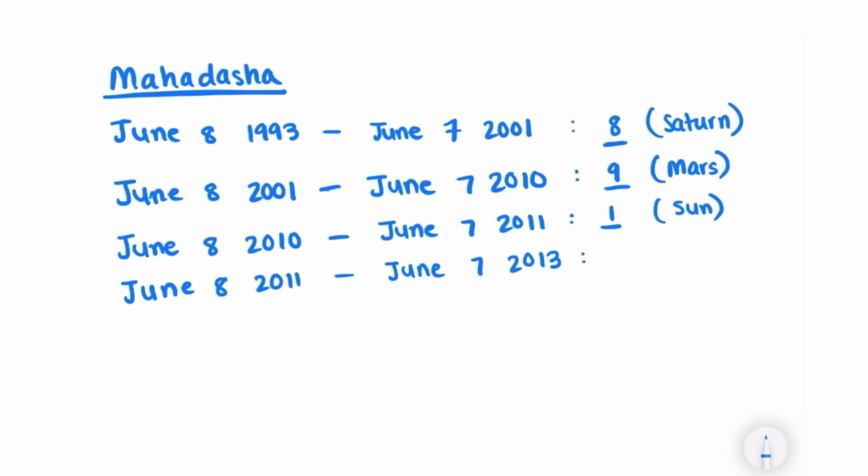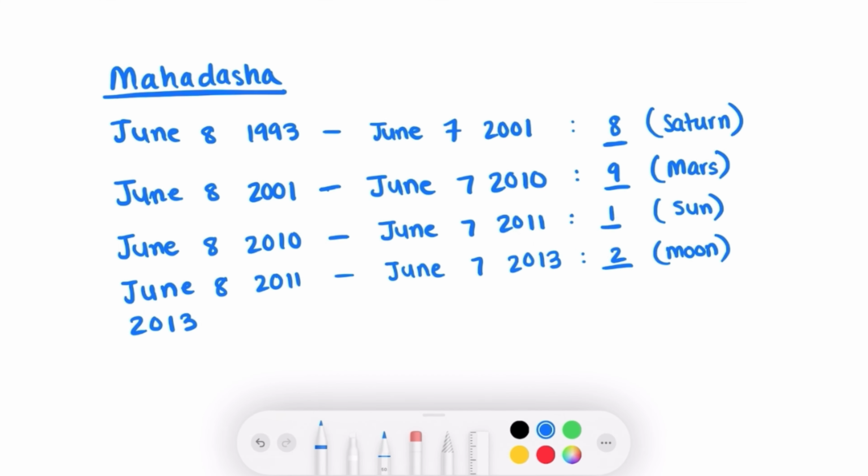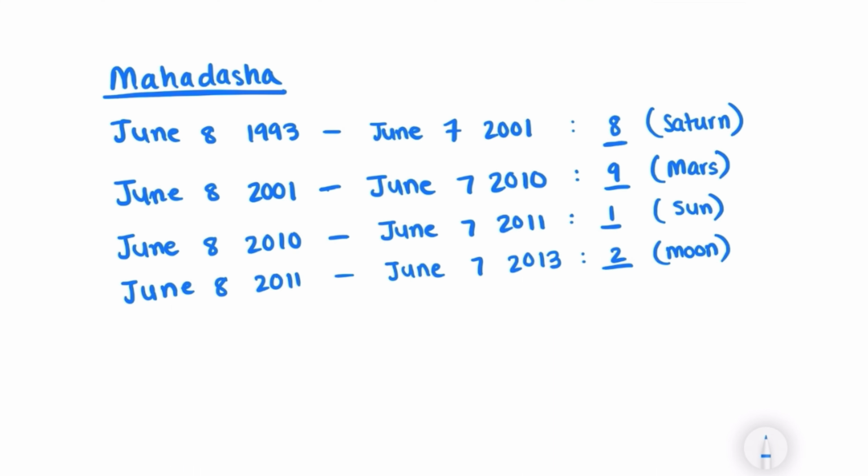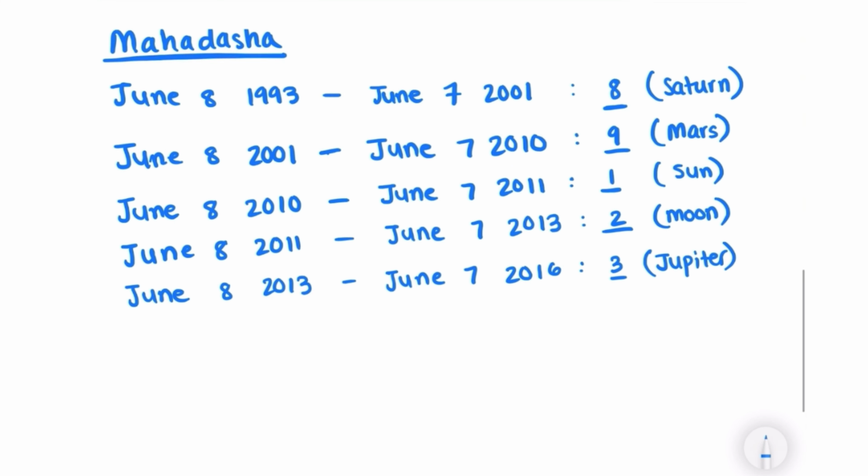Now I got 2013. That's because after that we have to add 2, right? Which is Moon Dasha. So from 2013, he will have Jupiter Dasha.